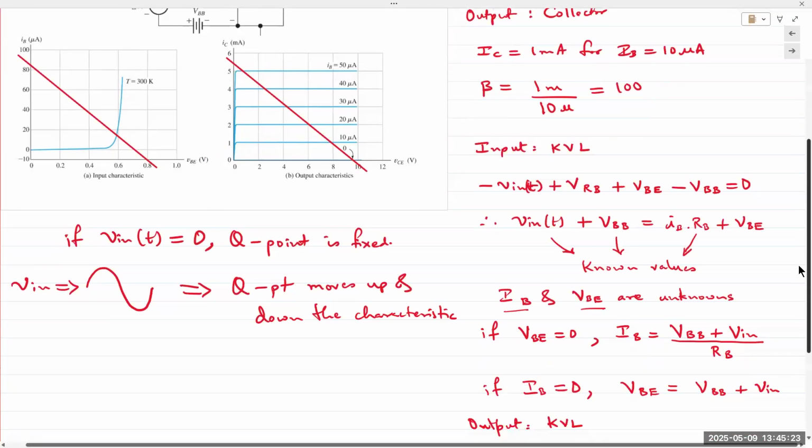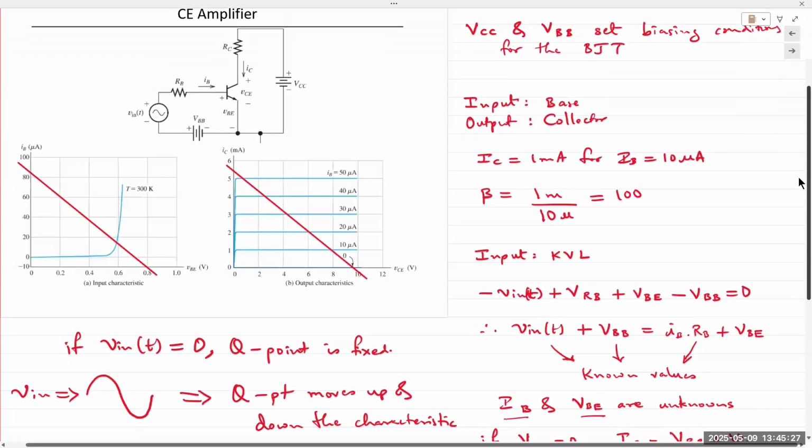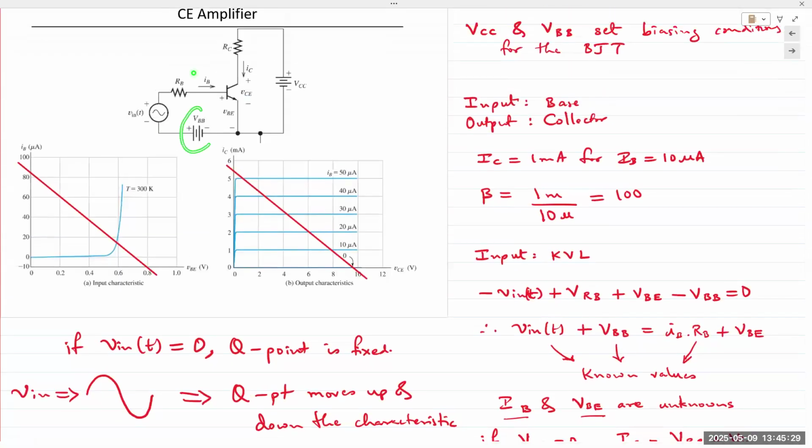Okay, so on the input side, when we apply KVL, we have VBB, we have the AC voltage V in, we have RB, and we have the voltage drop VBE. So we have the AC signal V in of T, the DC voltage drop across the resistor RB, VBE, and minus VBB.